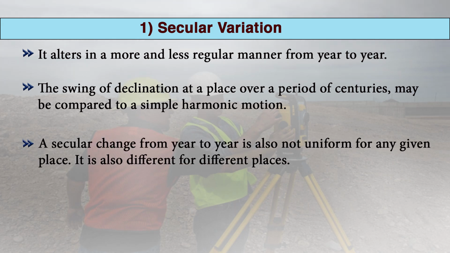A secular change from year to year is also not uniform for any given place. It is also different for different places. To convert magnetic bearings into true bearings, an accurate amount of declination is essentially required. As such, it is very important for a surveyor to know the exact amount of declination.